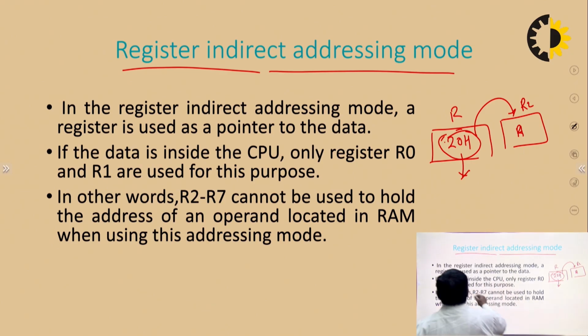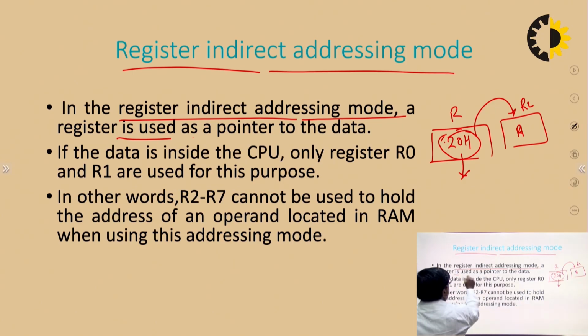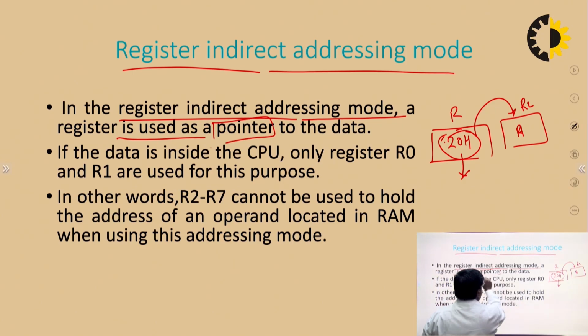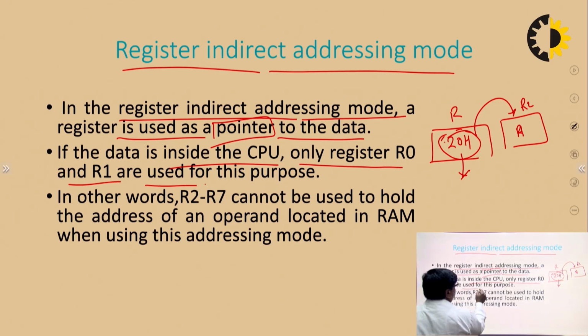Now, in register indirect addressing mode, the register is used as a pointer. Now, this is the address to fetch the data. Okay, we need another address. Now, if the data is inside the internal RAM, only R0 and R1 are used for this purpose.